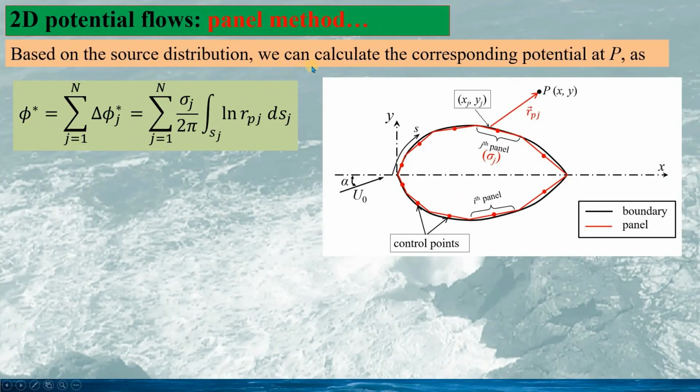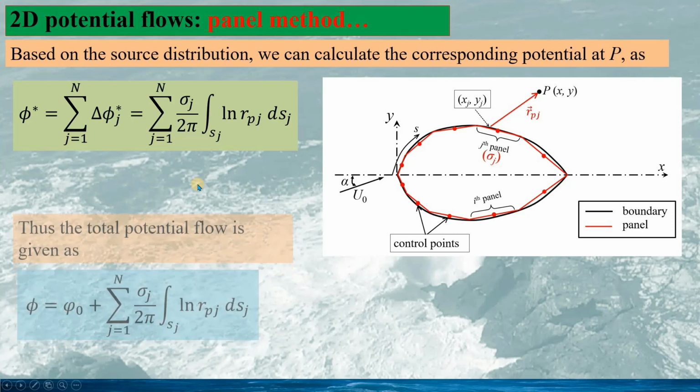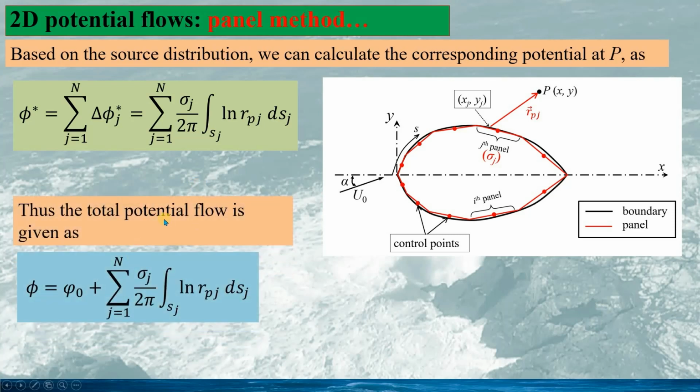So based on the source distribution, we can calculate the corresponding potential at P as phi star, as the summation of all these potential functions due to each panel. It would be given as this. And if we include the uniform flow, the total potential function would be given as phi equaling phi 0 plus this term.